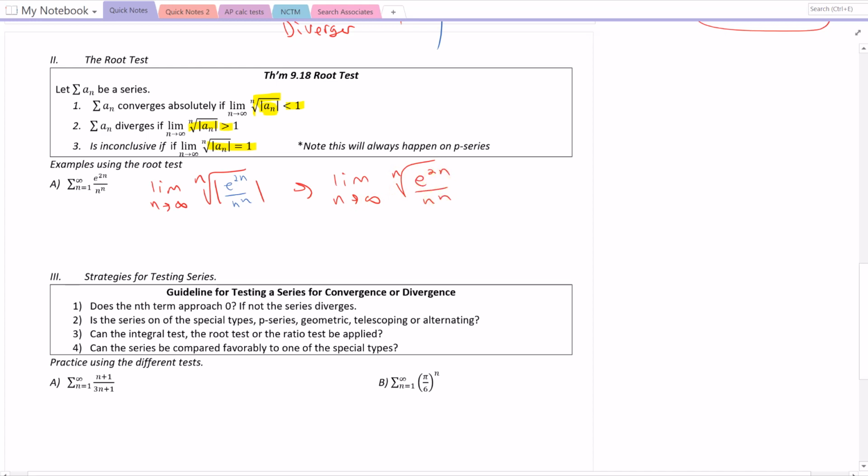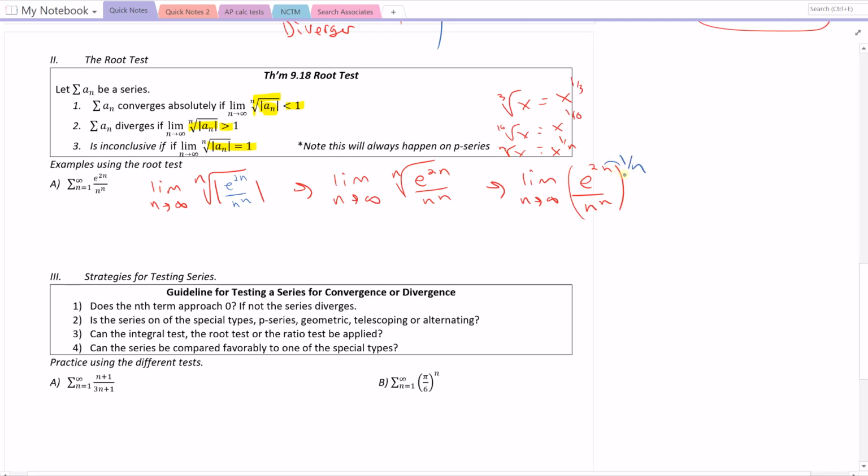Maybe it's helpful to write it as a fractional exponent. Remember that the third root of x is the same as x to the 1/3. The 10th root of x is the same as x to the 1/10. So the nth root of x is the same as x to the 1 over n. So this is going to become e to the 2n over n to the n, raised to the 1 over n power.